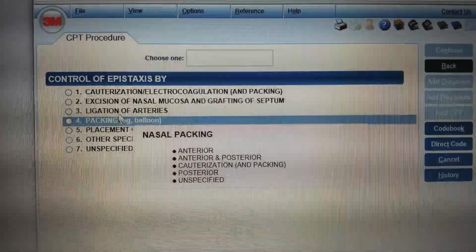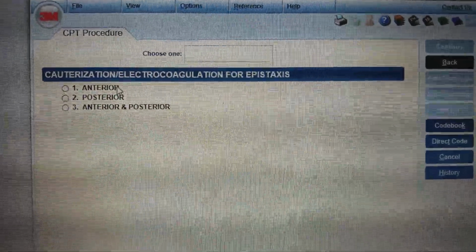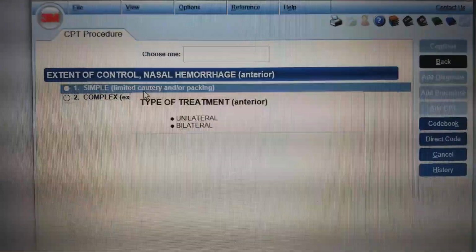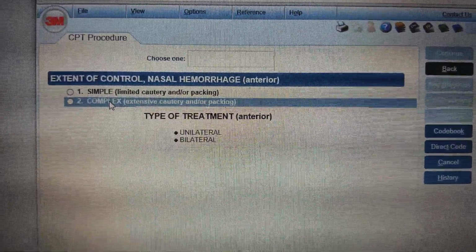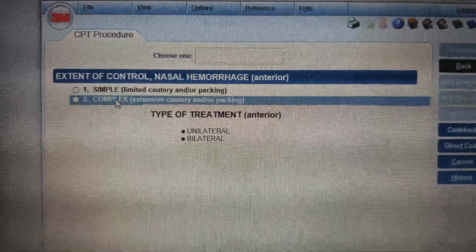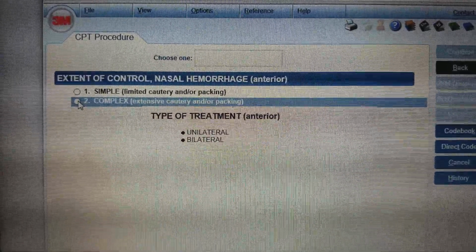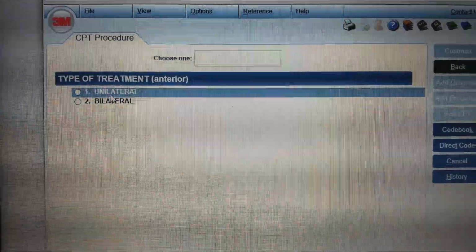There was no balloon being utilized, so we're going to go with this one, and I believe it said anterior on your homework. Limited cautery and or packing. Complex, extensive cautery and or packing. I don't remember off the top of my head if it said simple or complex, but because there was packing, I'm going to go with the complex and see what I come up with here.